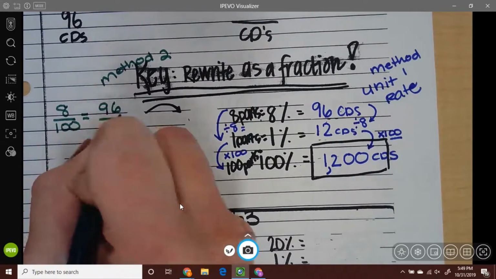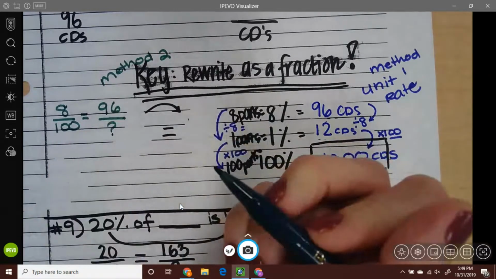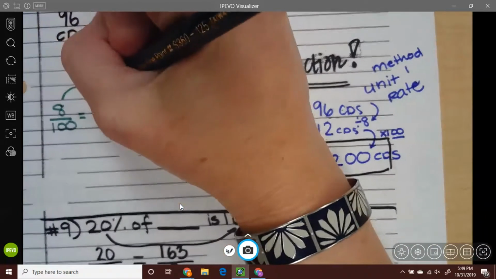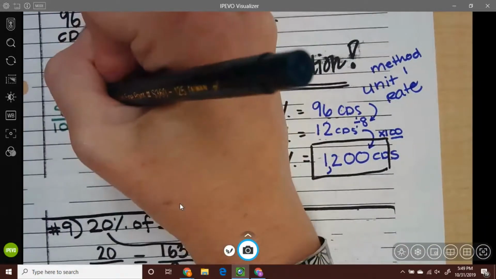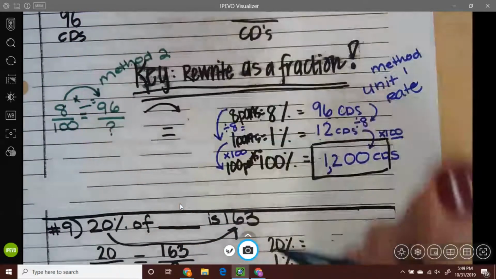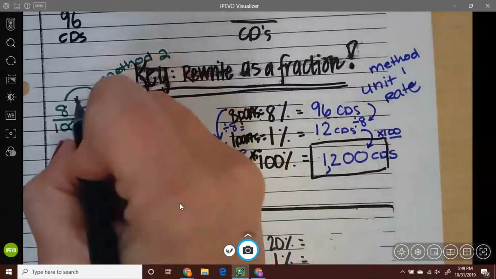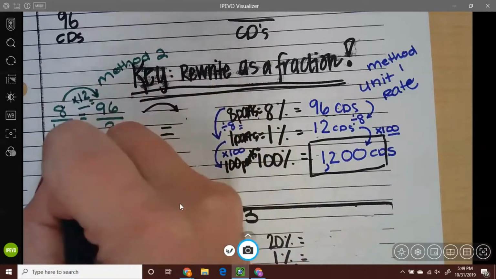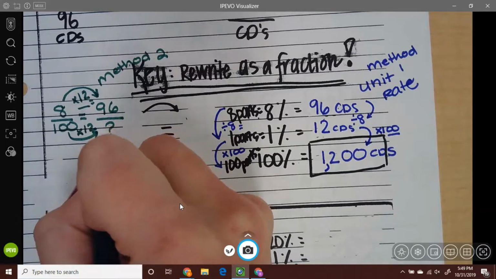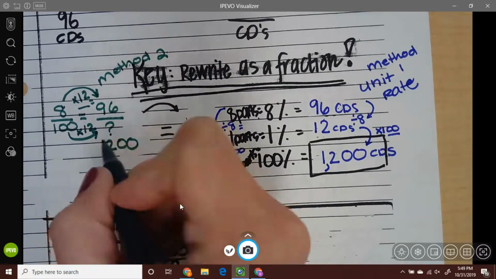So I can go 8 times what equals 96. And fortunately, it's a whole number, so 8 times 12 is 96, and 100 times 12 is 1,200. Don't forget your label, CDs.